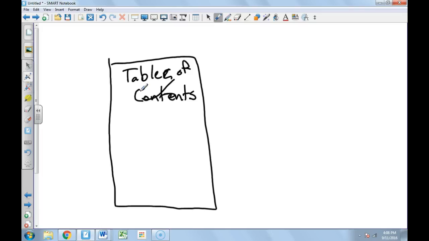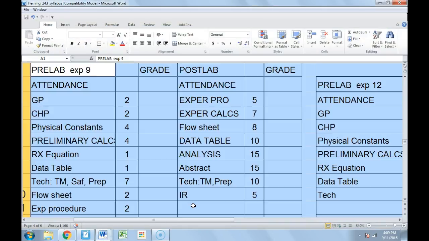So let's say we're doing lab 9. This lab is called cyclohexanone. A detailed table of contents is going to be, for every section that's in the grading rubric, you're going to provide a page number for it.